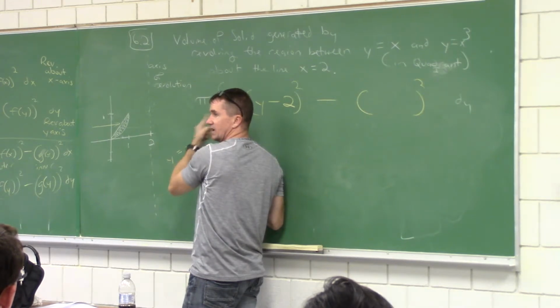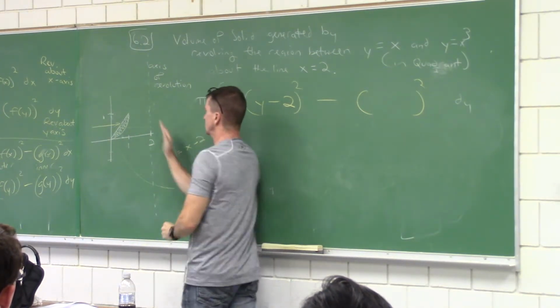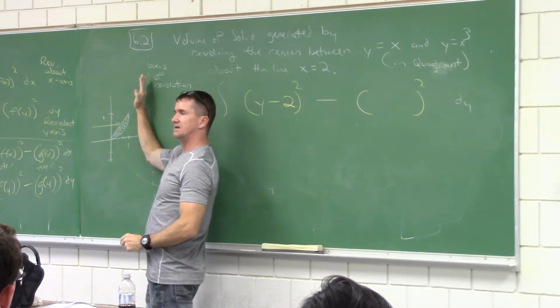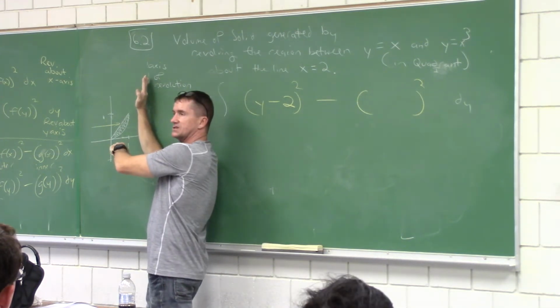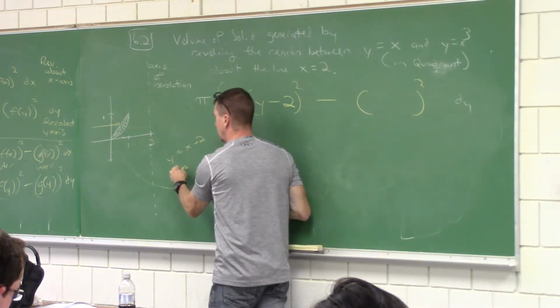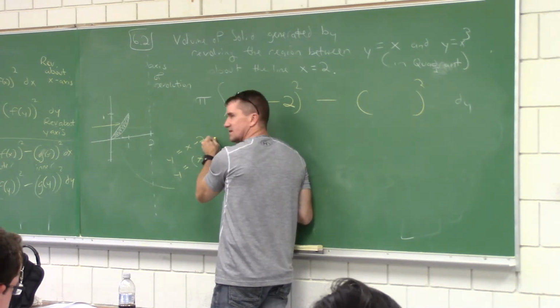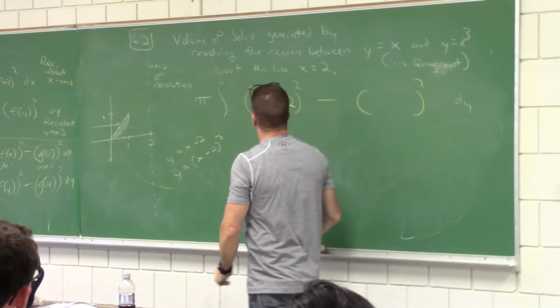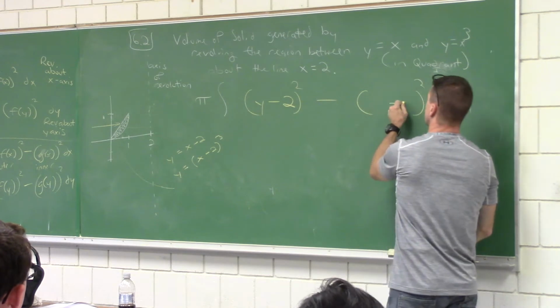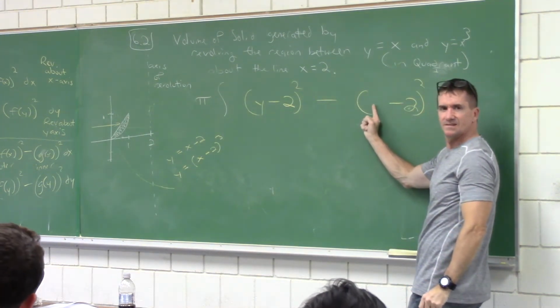The only thing is, what would this curve be if this was the y-axis? That would be y equals x minus 2, right? What would the other one be if this was the y-axis? The other one would be x minus 2, all what? The only thing is, I know I'm going to put this here, I just have to figure that out.